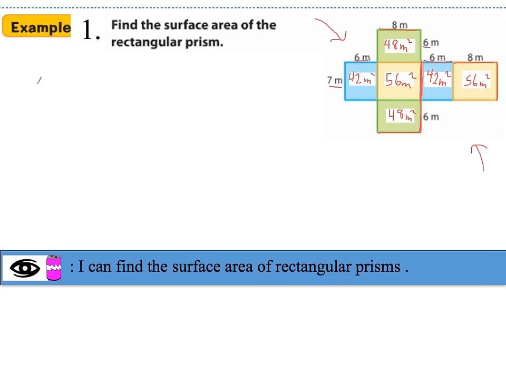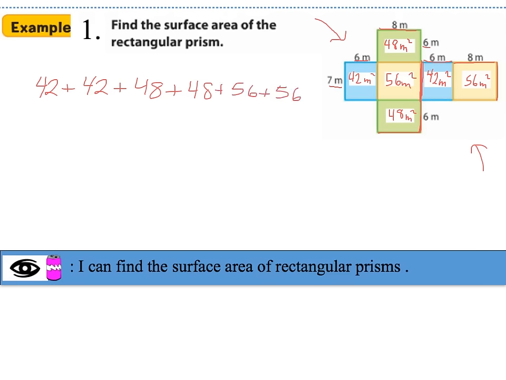So the blue rectangle has an area of 42, plus the other blue rectangle has an area of 42, plus the green rectangle has an area of 48, and the other green rectangle has an area of 48, and the gold rectangle has one area of 56, and the other one is also 56.